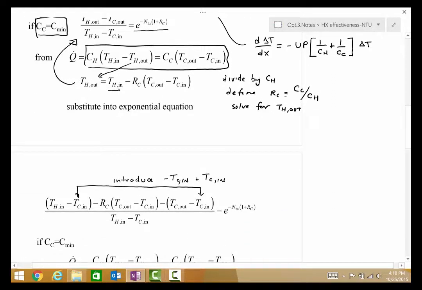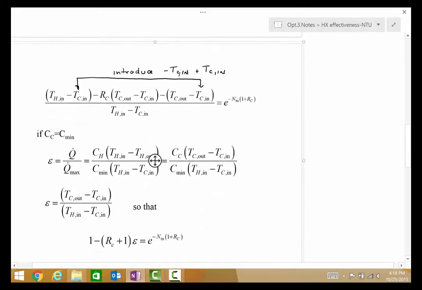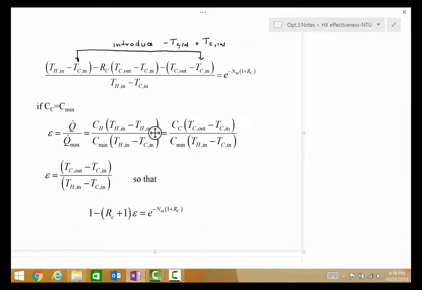We substitute TH out in this form there, and going through a few substitutions, we get 1 minus RC epsilon minus epsilon is equal to e to the minus NTU times 1 plus RC.